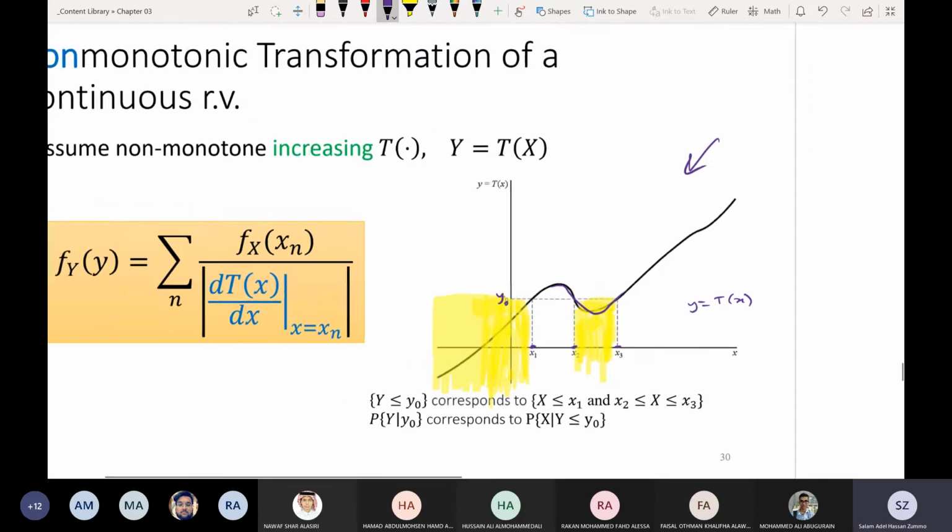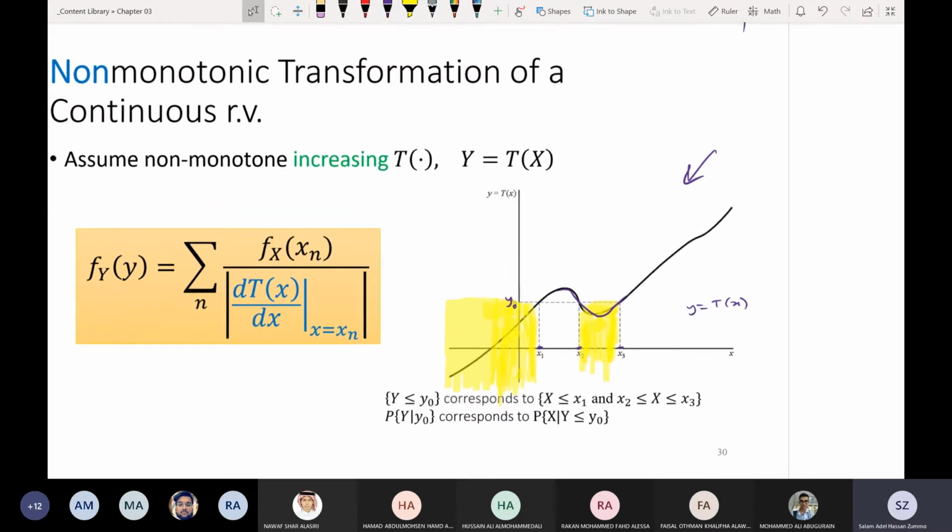So in this case, if we ask ourselves what is the probability that y is less than a number y0, when does y be less than y0?